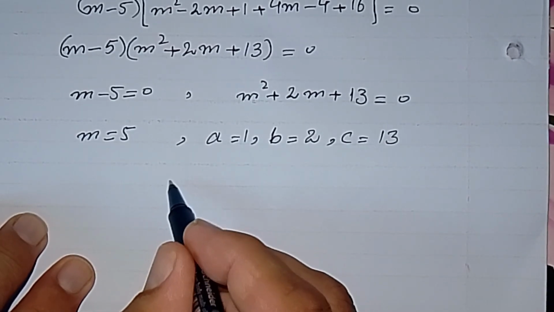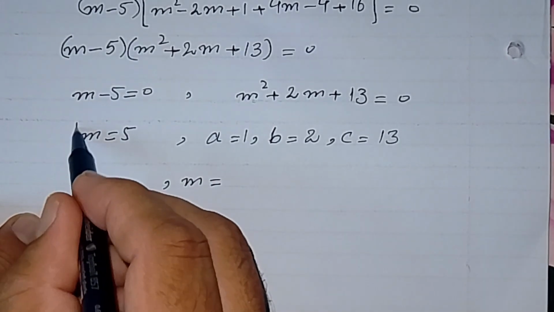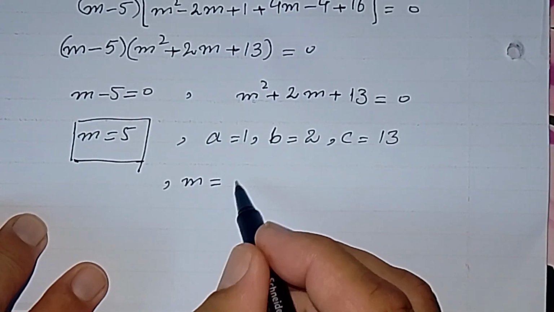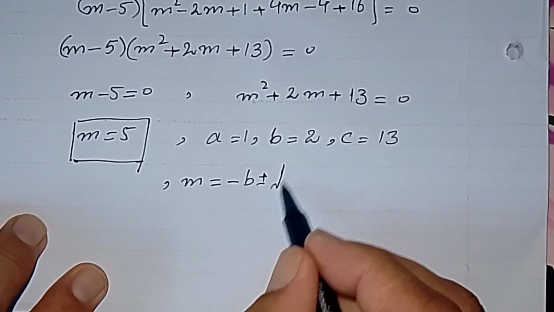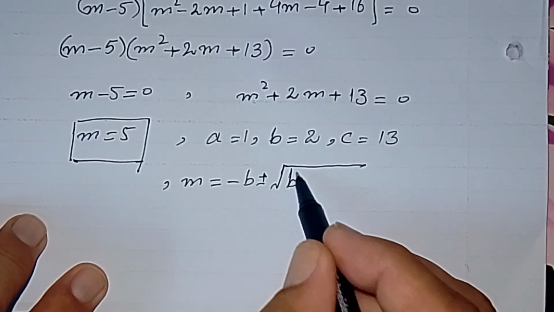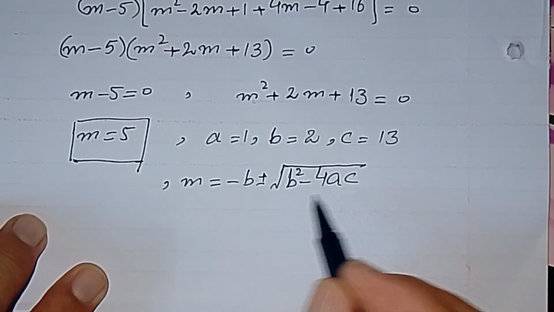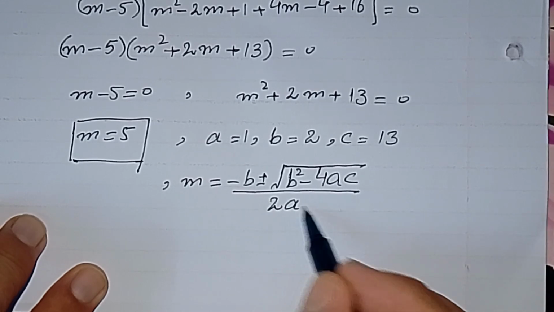Then m is equal to, this is our first solution, m is equal to minus b plus minus under root b square minus 4ac over 2a.